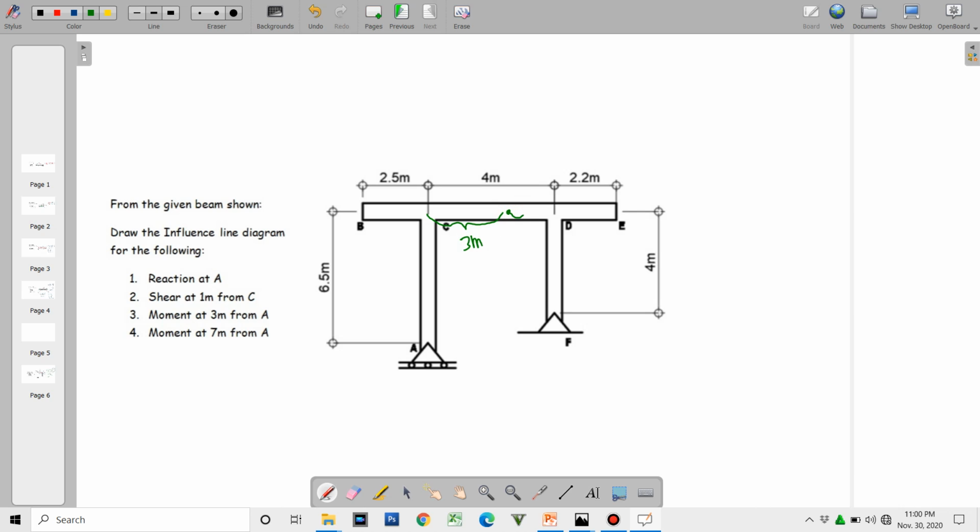So the remaining dimension here is 1 meter, and we're going to allow that to deflect by unit deformation here. Okay, so we still need to compute that and project it up to B and up to E as well.